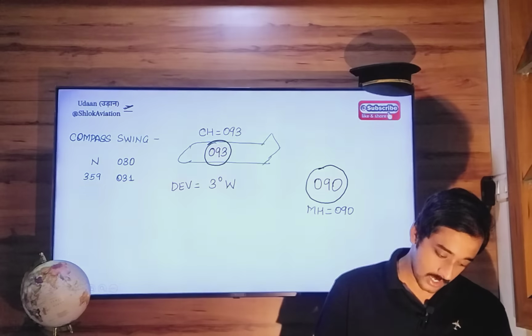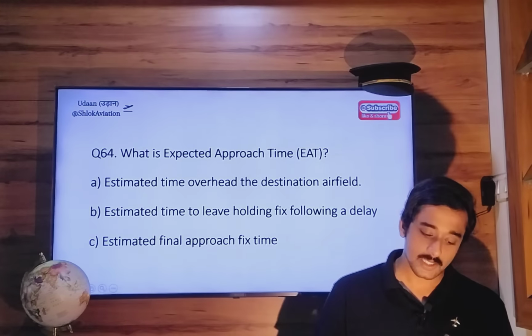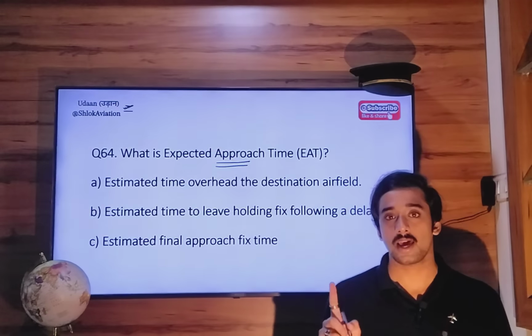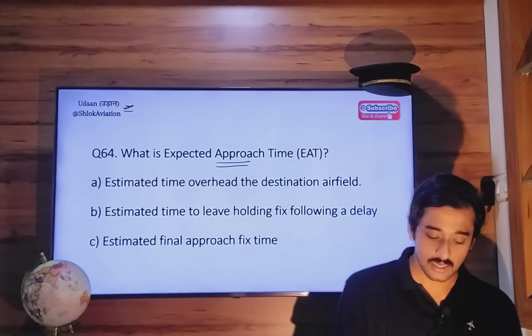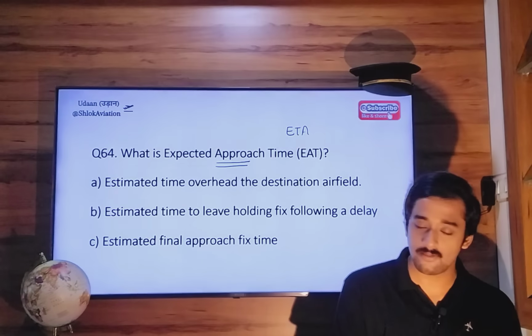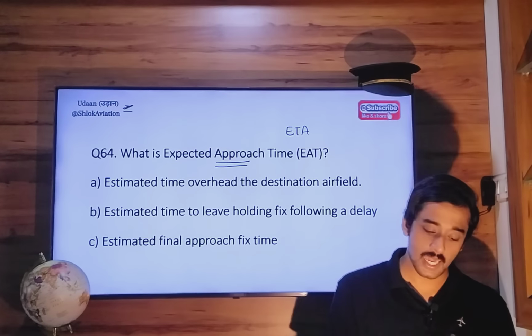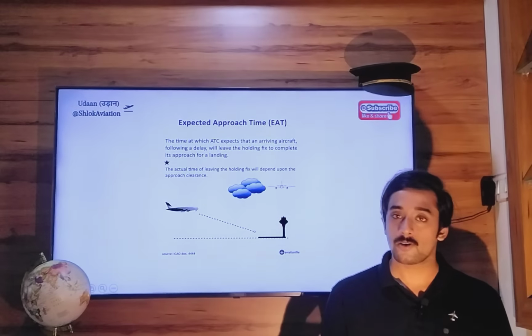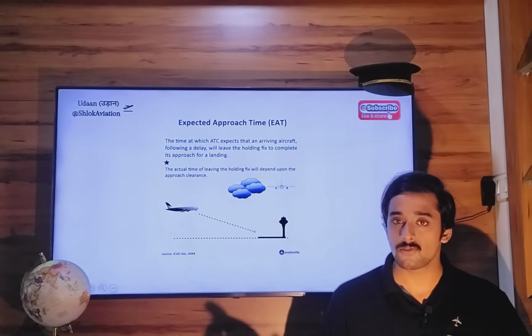Okay. Next, 64. What is expected approach time? Now there are two types of time: there is ETA, estimated time of arrival, and this is EAT, expected approach time. So very important for your viva exams, airline interview, ATPL.